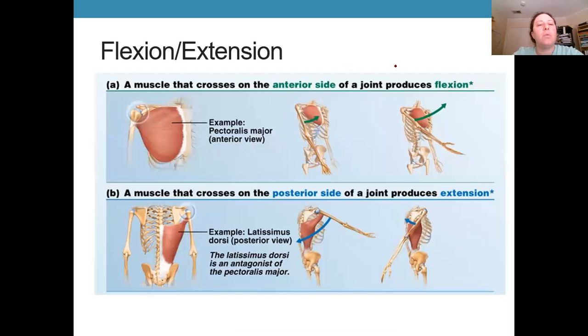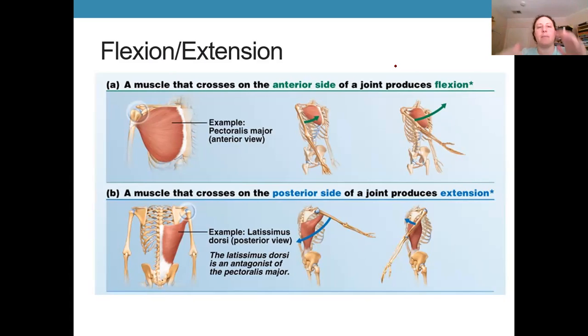All right, so when we look at the actions of flexion and extension, remember flexion and extension usually occur in the sagittal plane, so forwards or backwards. Flexion is decreasing the angle between two bones, and extension is increasing the angle between two bones. Most joints are set up so that flexion occurs anteriorly, or to the front, and extension typically occurs posteriorly, or to the back.